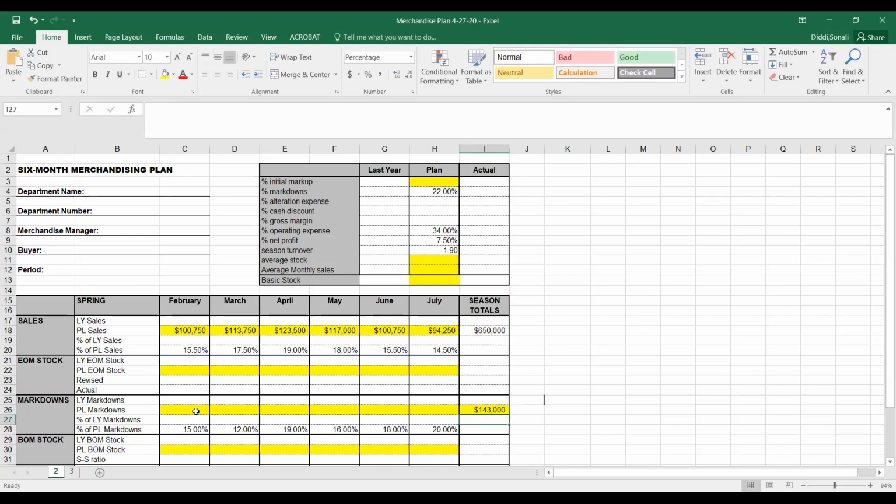Once you do that, we do monthly markdowns, which would be equal to monthly markdown percentage times total markdown dollars.